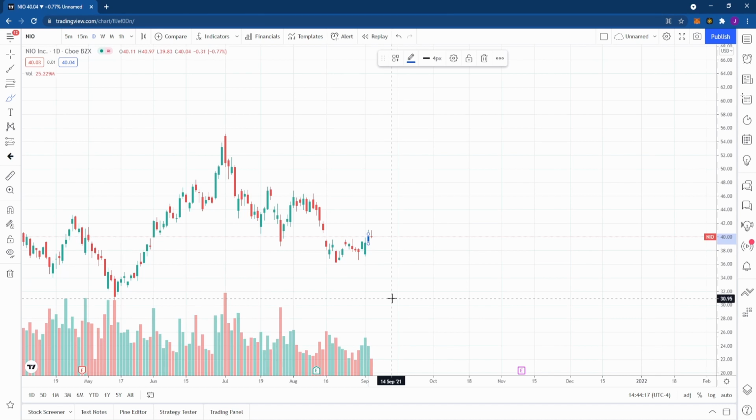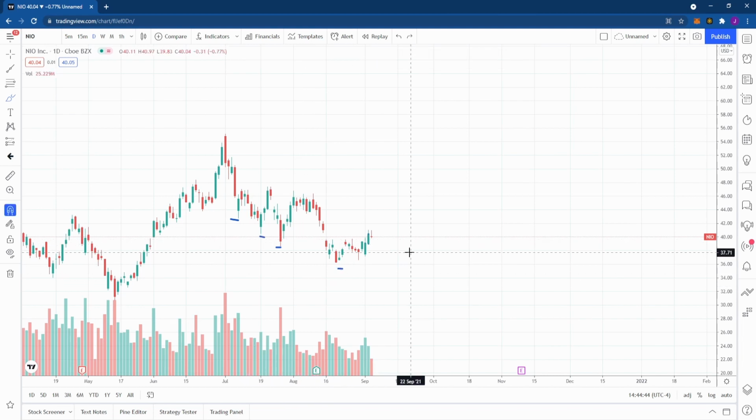Well, we are still making lower lows, and we could be in a lower low, lower high situation because that's really the current trend. So we're not out of the woods yet. However, sentiment is changing on a weekly basis. On a monthly basis, the sentiment is still bearish.